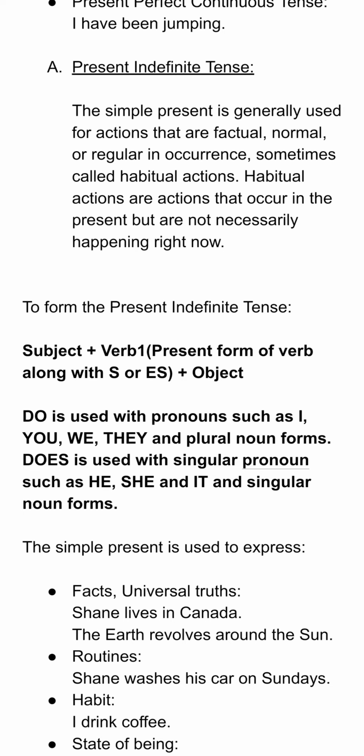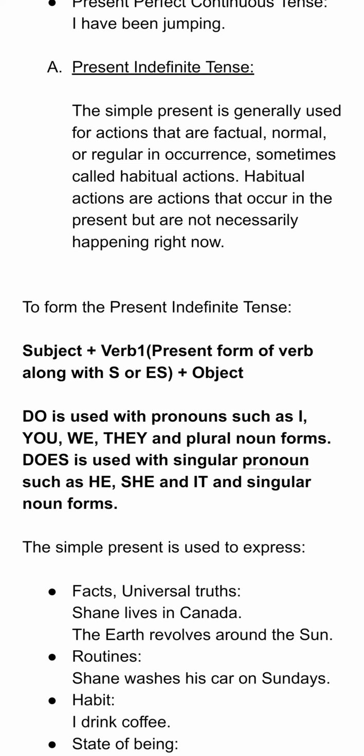Sometimes we also use do or does with the present form of the verb while writing the sentence in present indefinite tense. Now the question that arises is, when do we use do or does?